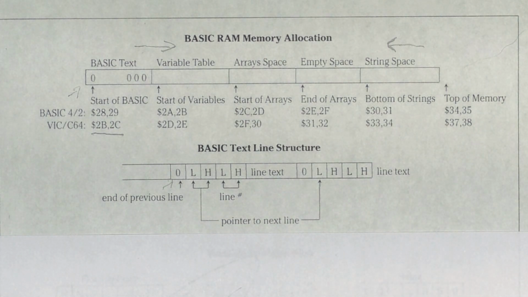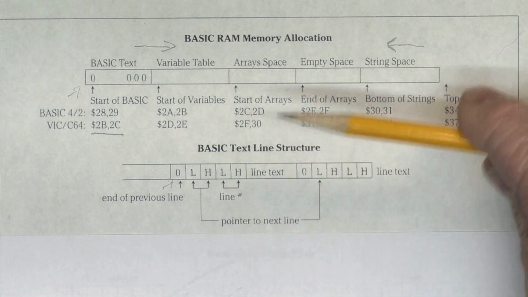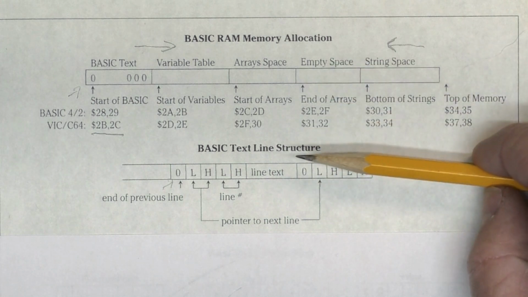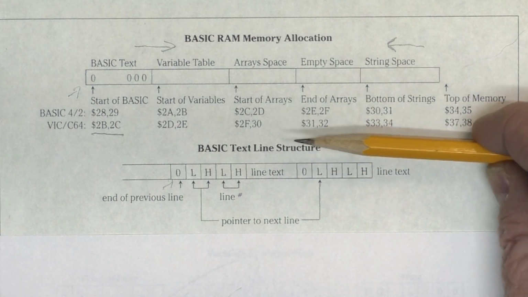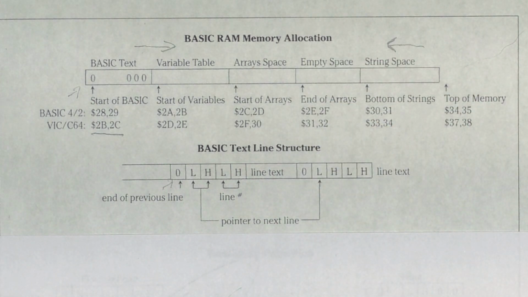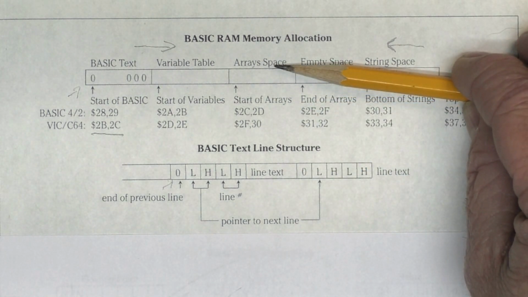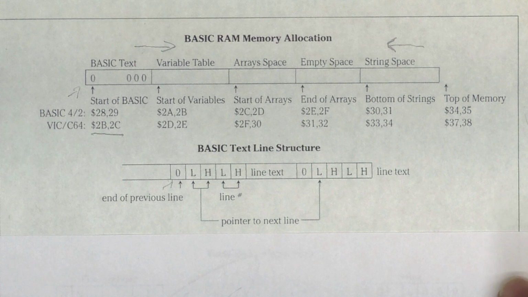So it's rather counterintuitive, but you want to place your setup things, your variable declarations and all that, at the end of your code and call them using a GOSUB from the beginning. So let's jump on the computer and we'll look at the actual code now.